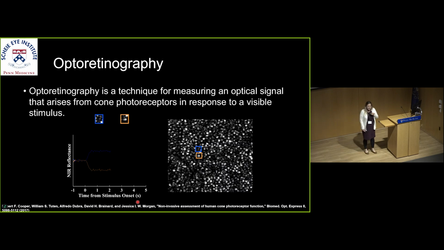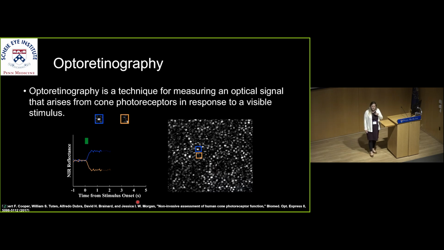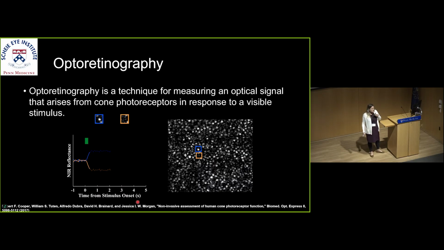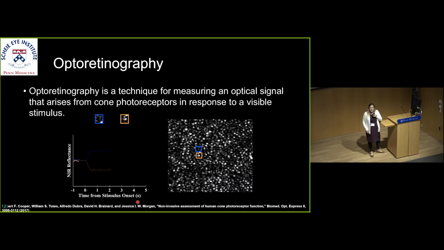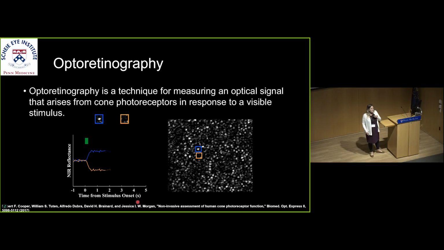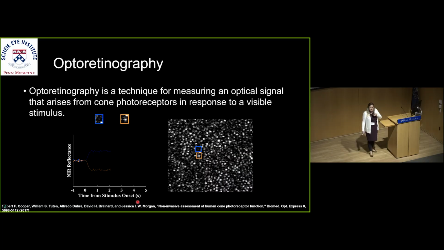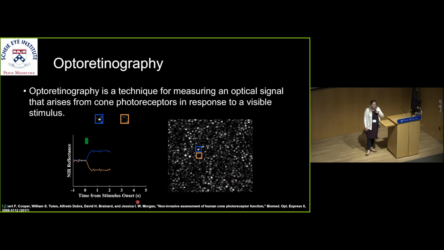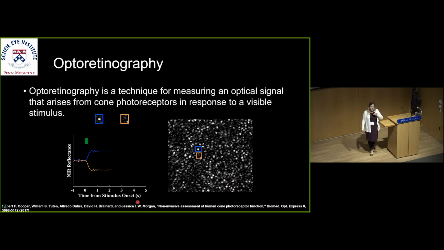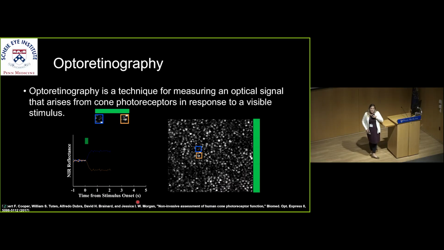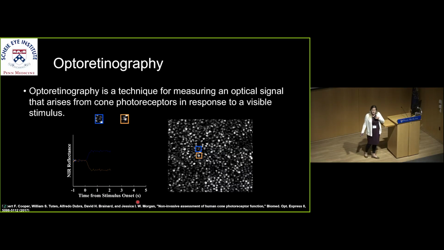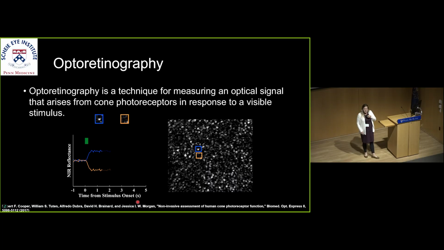Here, two cells have been highlighted, one in blue that starts with an initial intensity, and when that green stimulus comes on, the cell's intensity increases in response to that light. Now, interestingly, a neighboring cell outlined in orange also starts with an initial intensity. We stimulate that cell at the same time, it's the full field, and that cell's intensity decreases with the light.